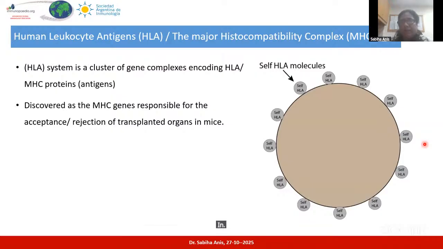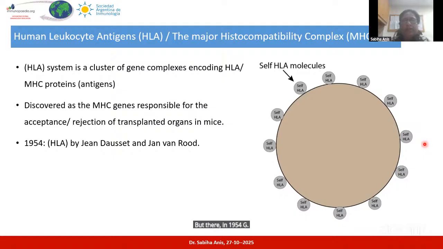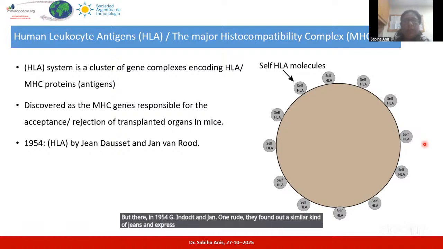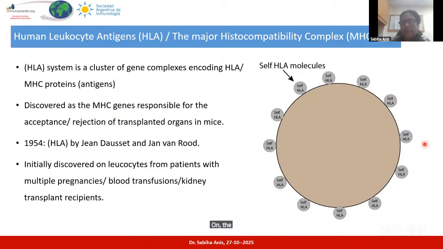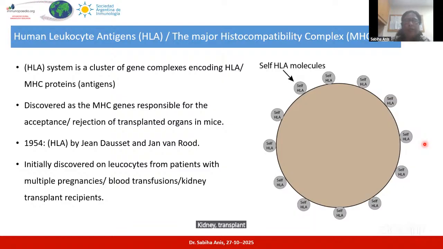So that's why they were actually named major histocompatibility complex. But then in 1954, Jean Dausset and Jon van Rood found out similar kinds of genes and expressed proteins on the leukocytes of patients who had multiple pregnancies and blood transfusions, or who had received kidney transplants. So they named them HLA, or human leukocyte antigens.